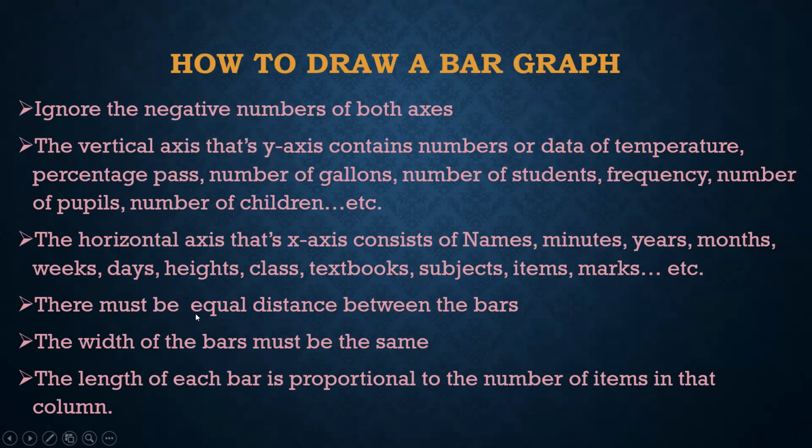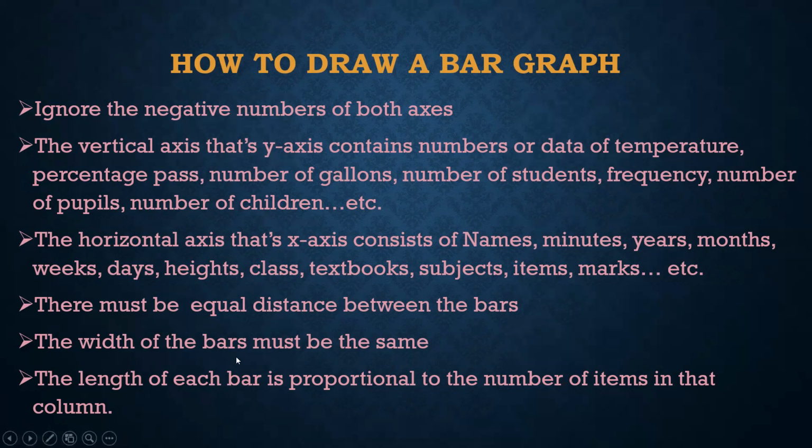There must be equal distance between the bars. So between two bars, the intervals must be the same across. If you are using 2 centimeter intervals, it must be across. If 1 centimeter interval, it must be across.